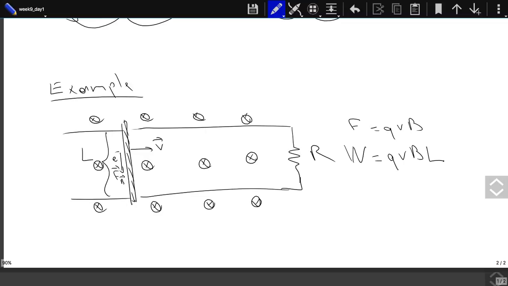And so they will hit the boundary of the metal and transfer their energy to the boundary of the metal. And hence, if there is no force acting on my system, this wire will slow down. Well, the EMF of a battery was nothing but the work done on a charge, per unit charge.